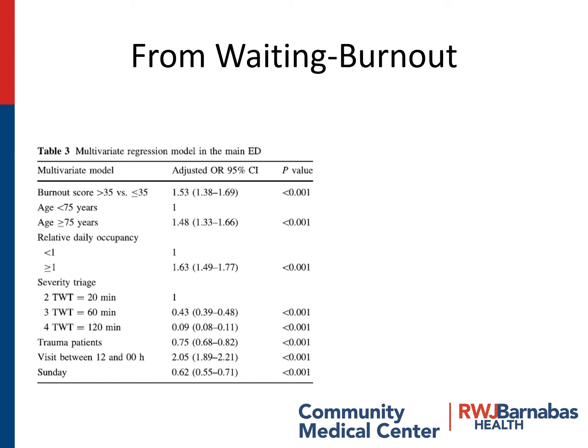And if the patient's age was greater than 75, it increased it by 1.48. Obviously, if the daily occupancy was greater than the maximum, then that increased it. That's pretty obvious. So what they're doing essentially is, by throwing all these factors into the mix, they are adjusting for them.